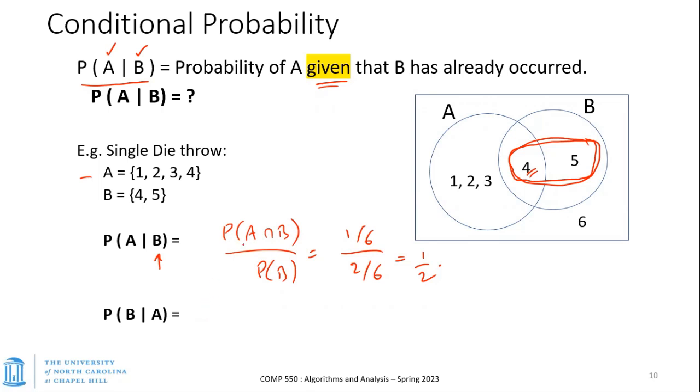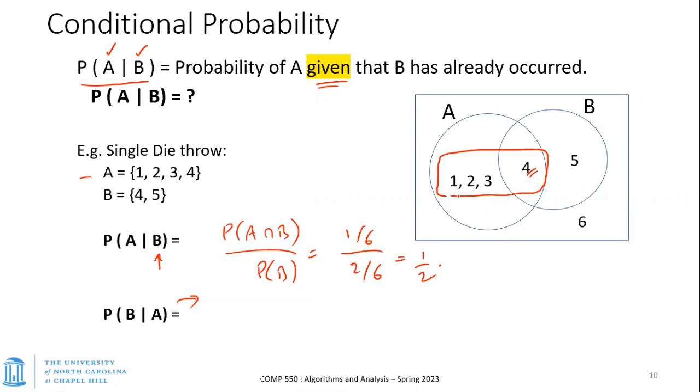Okay, so if you can use the same example to figure this out. So how would we write this? Now we're saying that A has already occurred. So let me delete this. Now we're saying that A has occurred, which means that the result is either 1, 2, 3, or 4. And now what we want to know is what is the probability that B has also occurred?